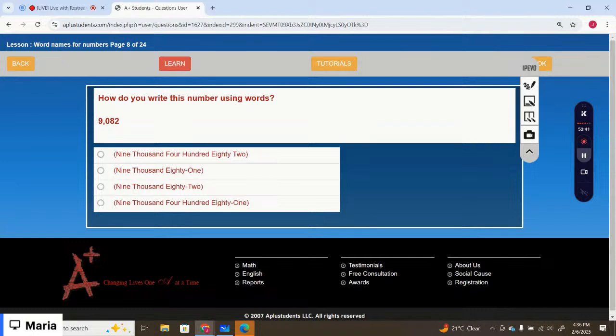How do you write this number using words? That is 9080. Option number 3 is the correct option. Very good.